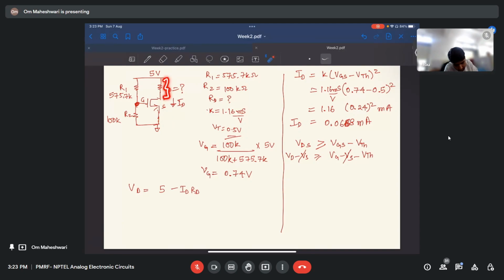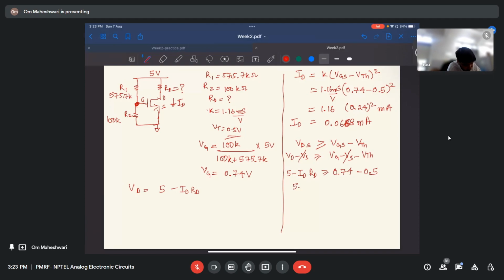So the voltage drop here will be ID RD, and the voltage here will become 5 minus ID RD, because 5 volts is the supply here. So let us put this value: 5 minus ID RD greater than or equal to VG, which is 0.74 we just found out, and VTH is 0.5.